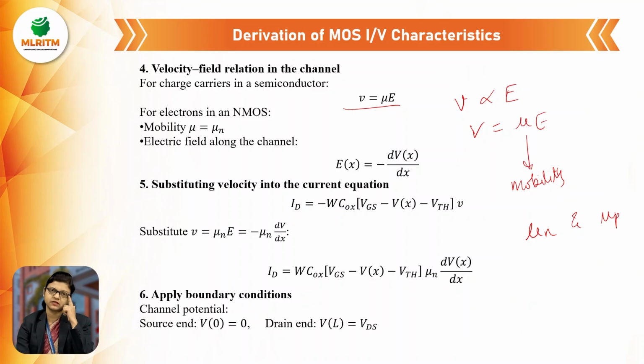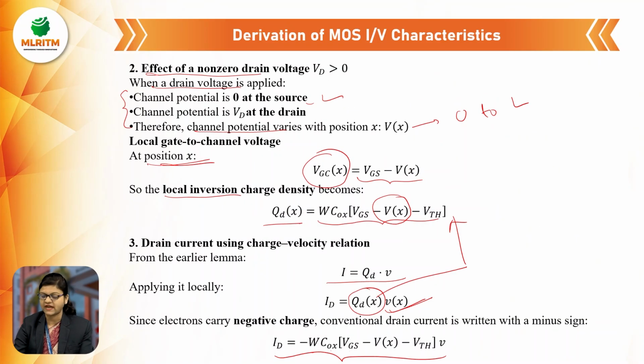Here we have considered the NMOS, so we will consider the mobility of electrons. If you want to calculate the electric field along the channel, it is the rate of change of potential, so we write E equals minus dV(x) by dx. Now we will put this complete equation of E into the I_D equation.